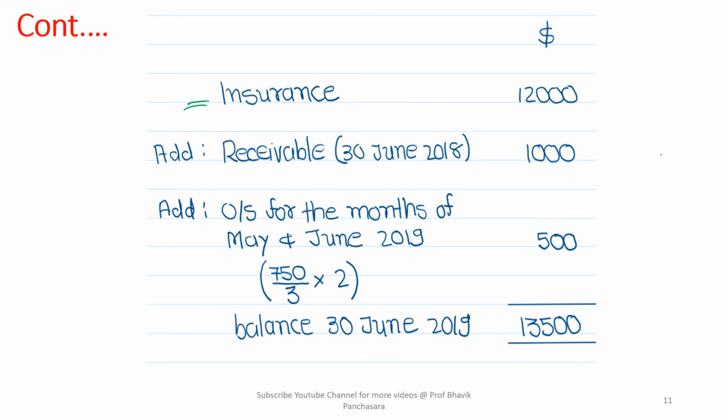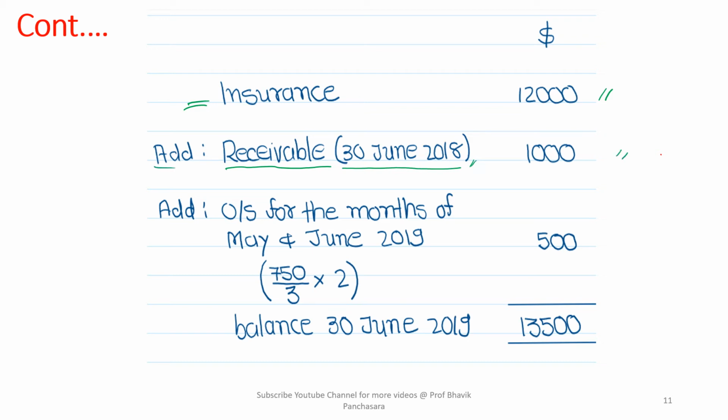Next is insurance. Insurance payment is total 12,000. Now considering the adjustment, first in opening balances the insurance amount receivable for the previous year 30th June 2018 was 1,000.